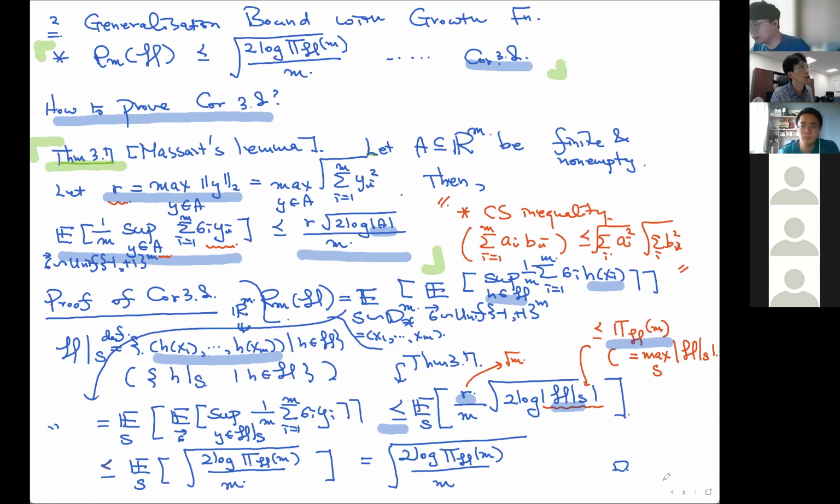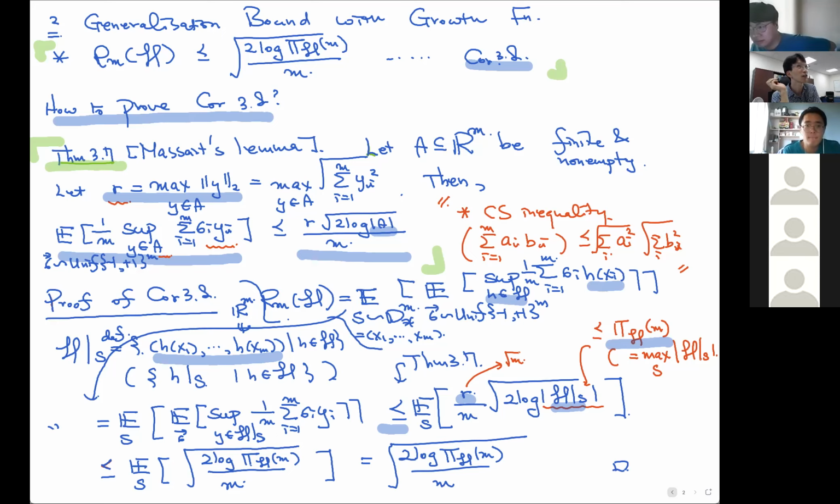Now, for the entire story, what remains is to show the Massart lemma. The proof of the Massart lemma is not difficult, but it's essentially the application of the so-called maximum inequality. Because there's really nothing other than applying the maximum inequality, I suggest you have a look at the lecture notes.